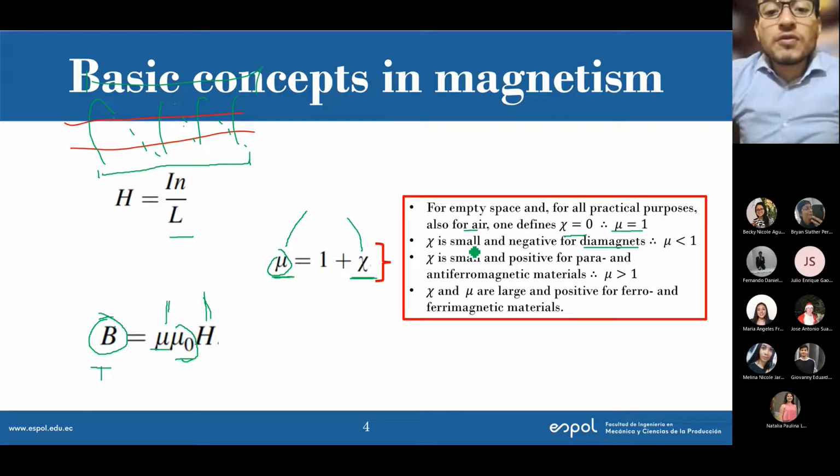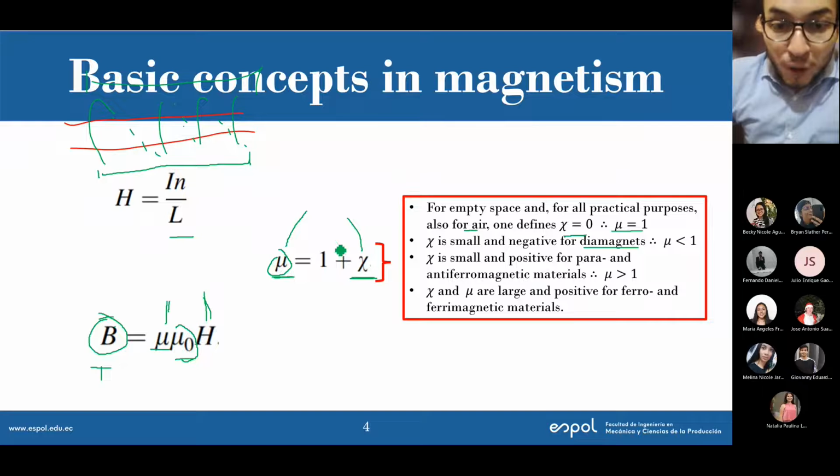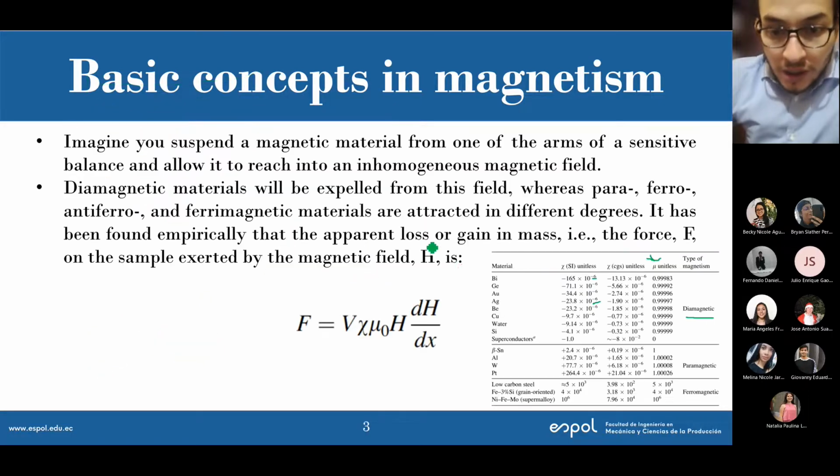Now, what happens for para and antiferromagnetic materials? Well, chi is small, but positive. Therefore, mu is going to be greater than 1. You can go back to your table and see for paramagnetic, it's positive, small but positive, so mu greater than 1.